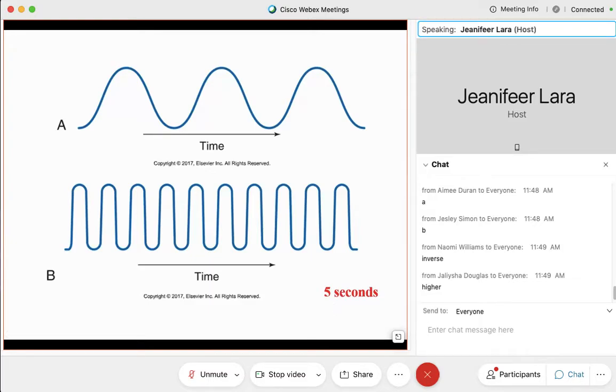If I expose an image for 2 seconds, that is my time. It stays constant. However, the energy of the wave will increase if I increase my frequency.